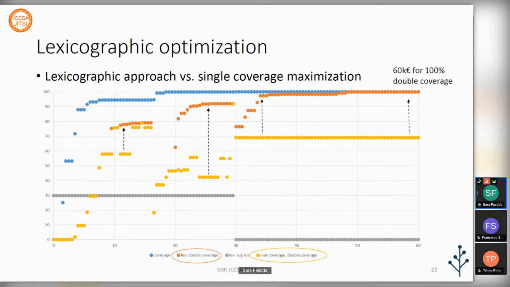If we use the lexicographical optimization and explicitly maximize the double coverage, what happens is these orange values, and we can see that in some situations it really makes a difference, almost 50% more or less here, that we increase the double coverage from not thinking about it when optimizing to using lexicographic optimization and considering it as a value.